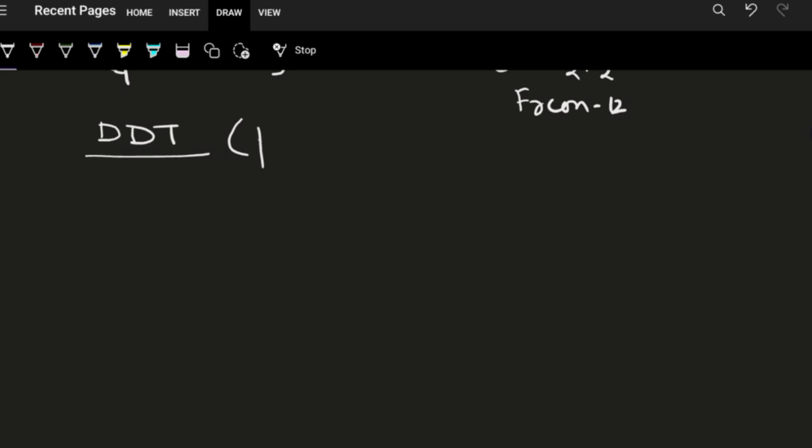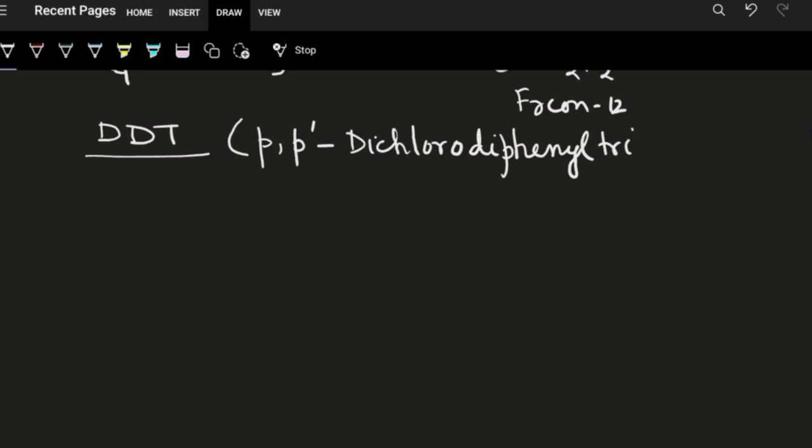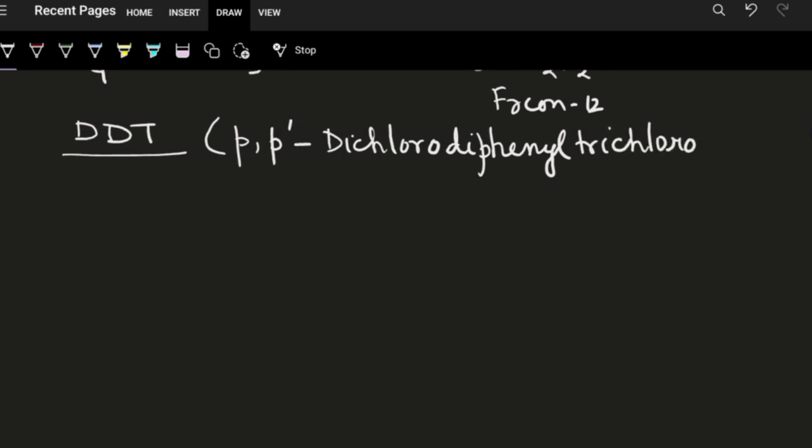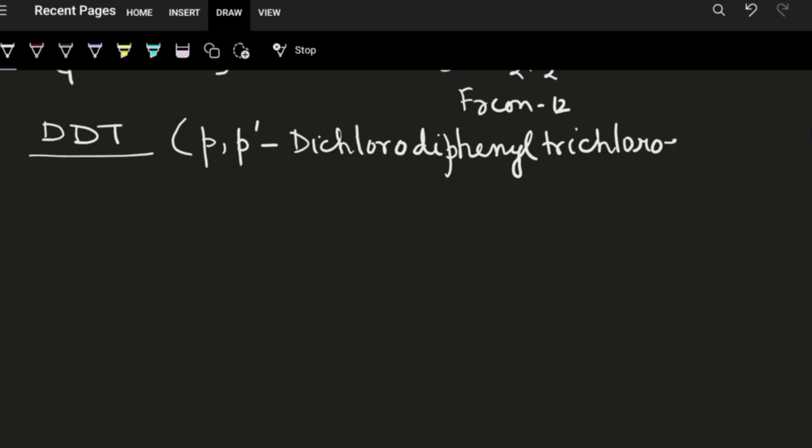So, it is p,p'-dichloro. First D stands for dichloro. The next D stands for diphenyl and T stands for tri, trichloroethane, that is DDT.